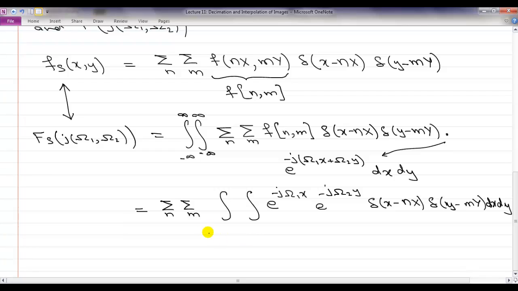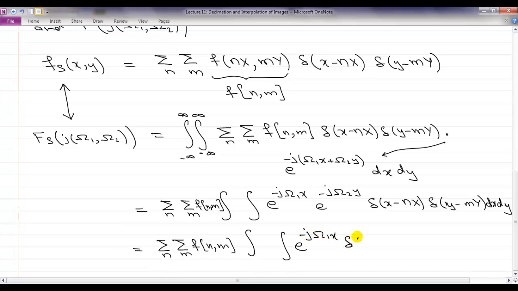And now I'll just do the integration over both. Sorry, I should have f[n,m] here. So that stays here, f[n,m], e to the minus j omega 1 x, delta of (x minus nX), dx, and e to the minus j omega 2 y, delta of (y minus mY) dy.